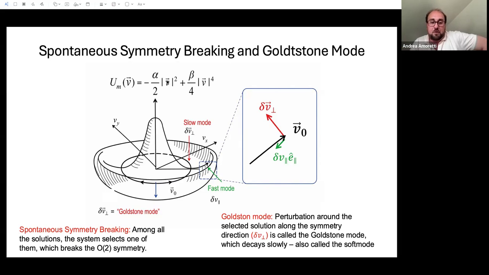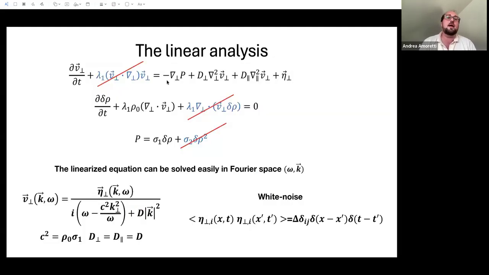Now, of course, you really want to check if this v perpendicular is really a slow mode, so if the fluctuations are not destroyed like in the standard Mermin-Wagner theorem.